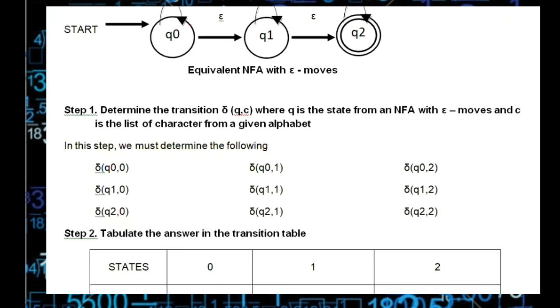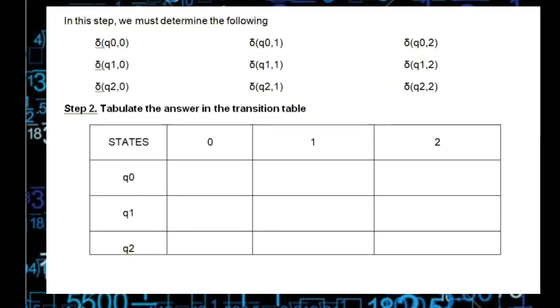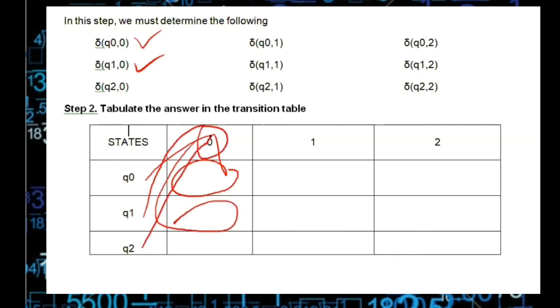Isa-isahin natin. Gagawa tayo ng table. Sa table natin, kailangan natin makuha yung transition function from Q0 pag nag-input ka ng 0, so ano magiging sagot dito? And then, transition function from Q1 pag nag-input ka ng 0, ano magiging sagot? Then, Q2 pag nag-input ka ng 0.